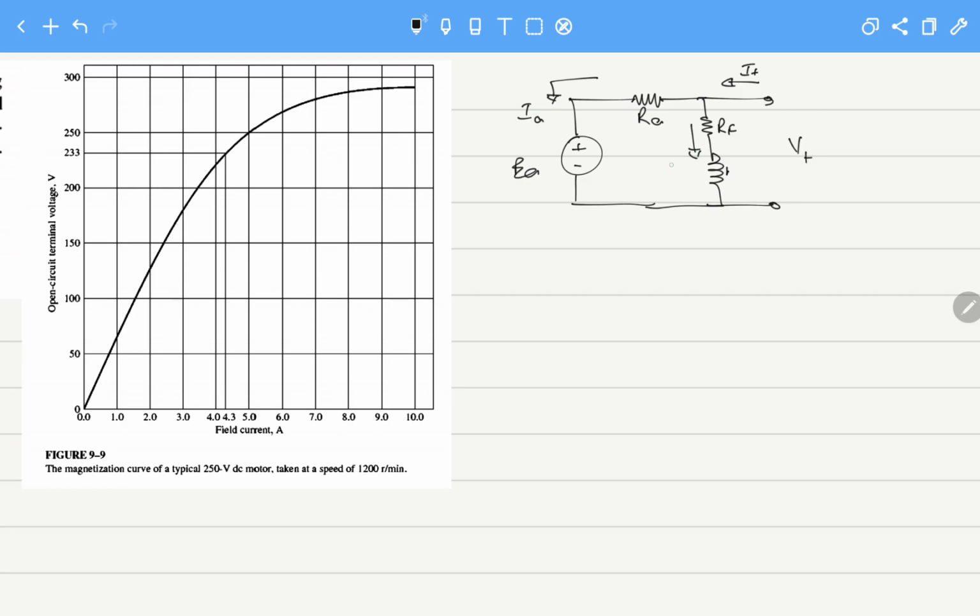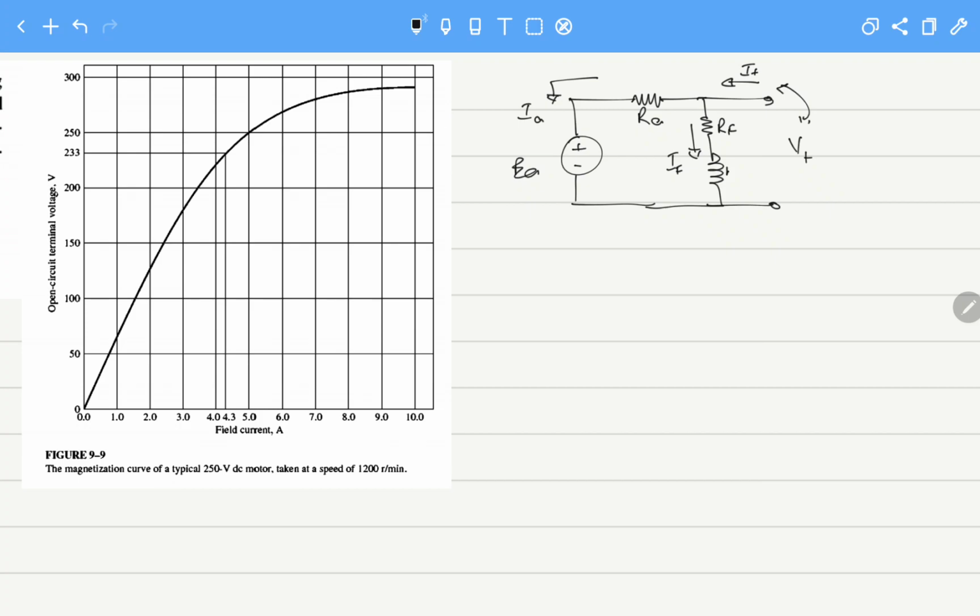The field current remains the same as it was for generators, but the direction of current reverses for both the terminal current and the armature current. This is actually a motor, where electrical power is being converted to mechanical power.